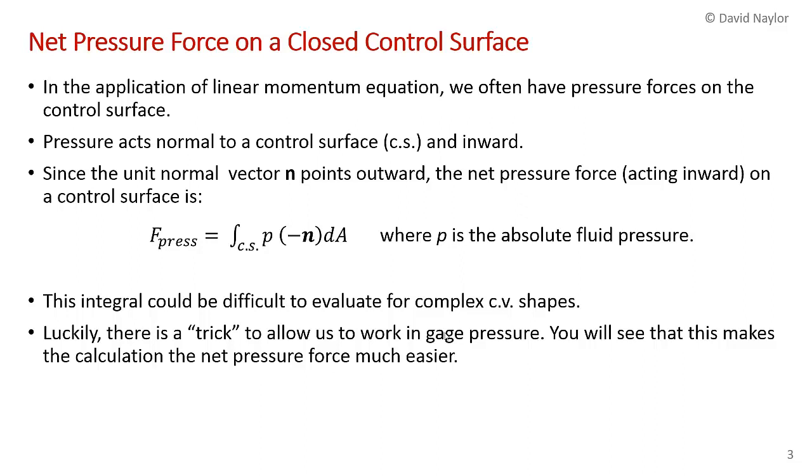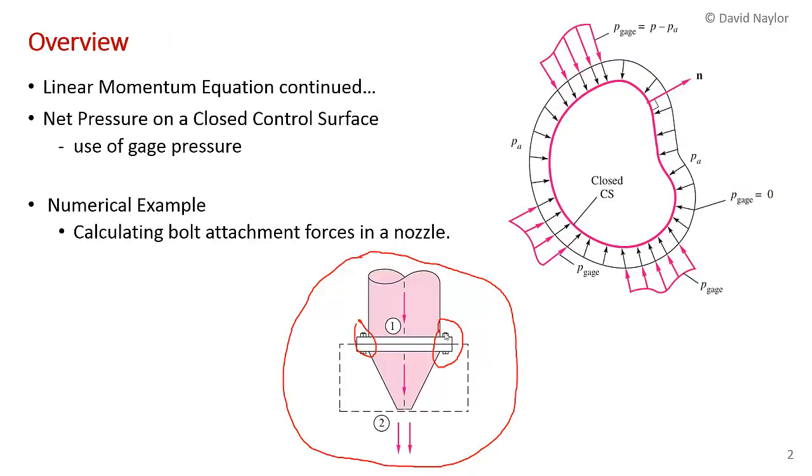So as I said, in the application of linear momentum, often we have to calculate pressure forces on the control surface. Certainly that's one of the forces that comes into play in many examples. Pressure acts normal to the control surface and it acts inward. Remember when we did the hydrostatics, pressure always acts normal to the surface and inward. If I go back briefly to the previous slide, you'll see I've drawn an arbitrary, standard potato-shaped control surface, meant to represent an arbitrary shape.